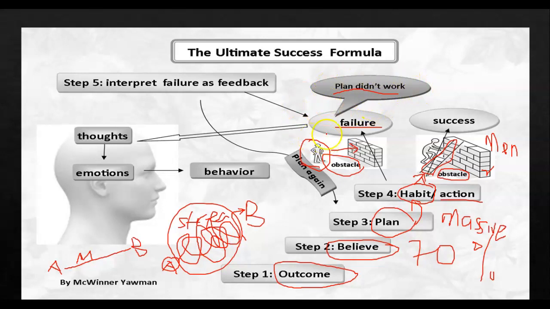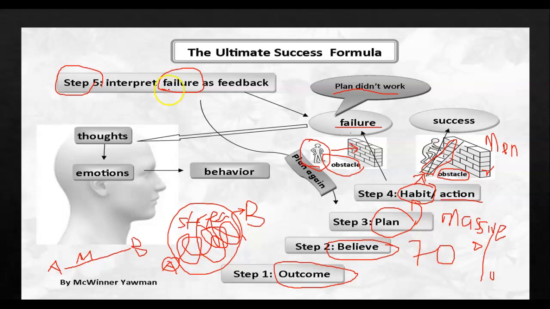So at this moment, you are thinking within your mind, okay, that brings us to step 5. So now you have to interpret this failure. You could say to yourself, I failed.